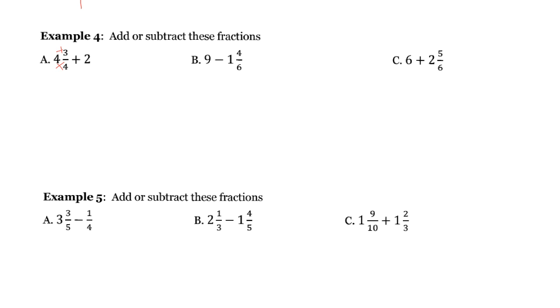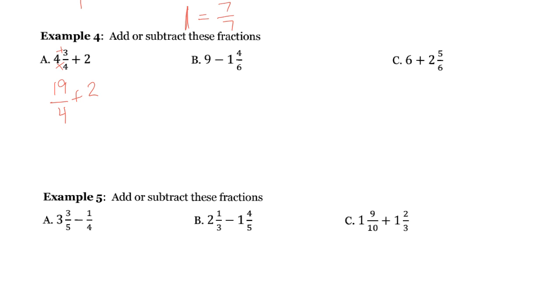Okay, so 4 times 4 is 16, plus 3 is 19 fourths, plus 2. Okay, we want to make this 2 into an improper fraction as well. Remember when we had that 1 and we made it into 7/7?